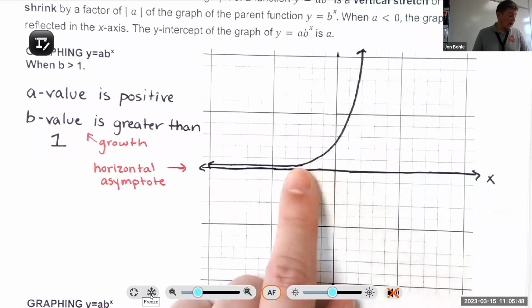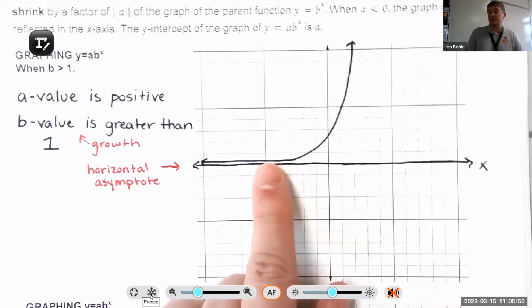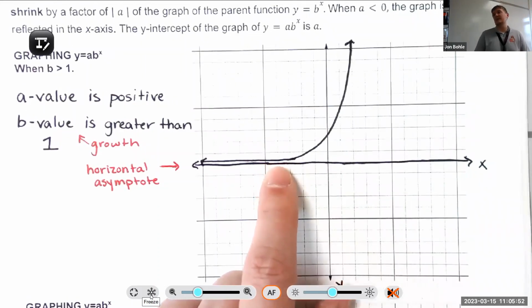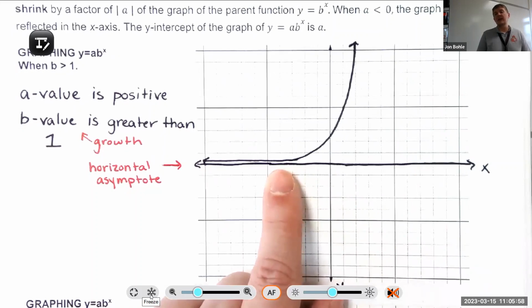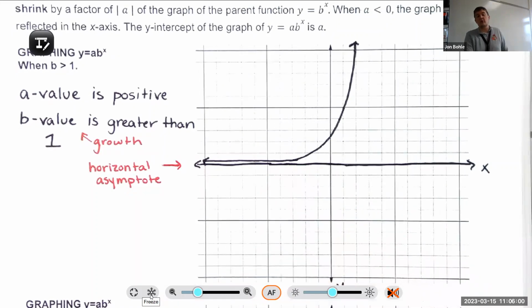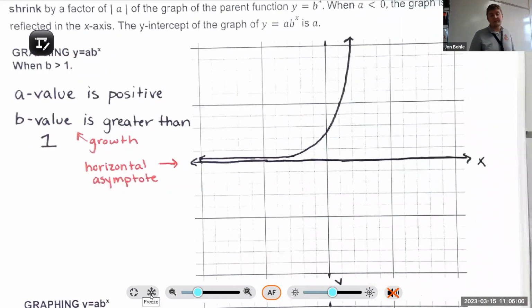So I'm going to get infinitely closer to the x-axis without ever touching it and without ever crossing it. It's going to create a horizontal asymptote. Now, off to the right it's going to go up into infinity, but off to the left, I'm going to get infinitely closer to the x-axis.